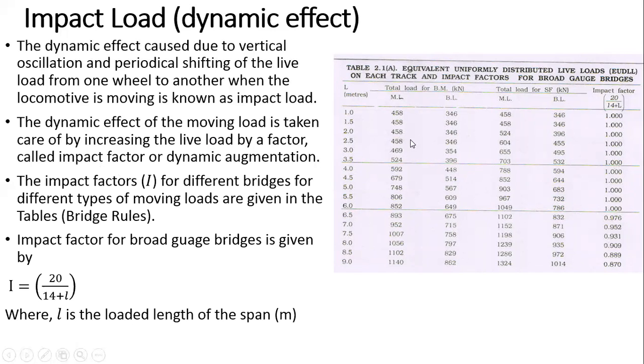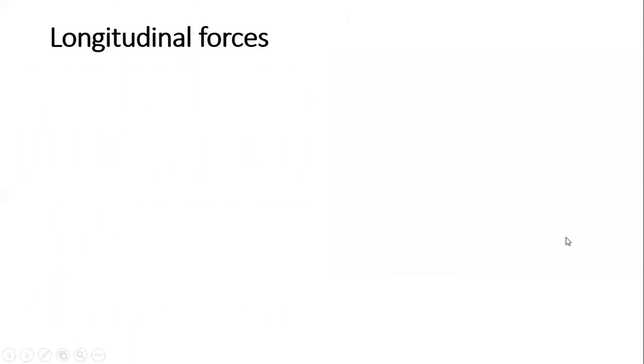Whatever live load you are getting from here, just increase the live load by this much factor to account for the dynamic effect or the impact load of the vibration on the bridge due to movement of the train. Clear? So first is your dead load, second is your live load, third one is your impact load. For the impact load, you have to calculate the impact factor from here, and just increase the live load by this impact factor to account for the dynamic effect.